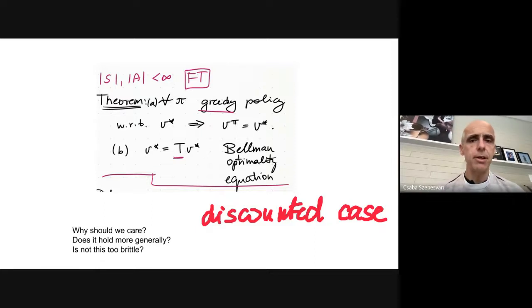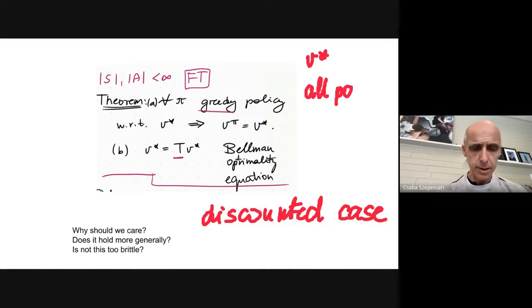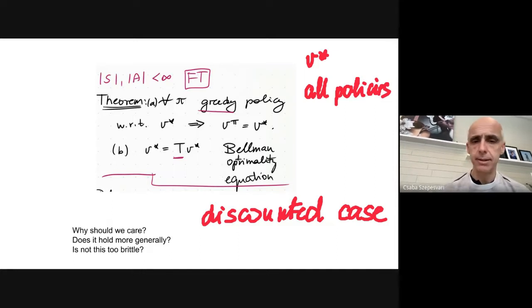What's really special about the way this theorem is presented is that V star, the optimal value, is defined with respect to all policies, including history-dependent non-stationary policies, not just stationary Markov policies.